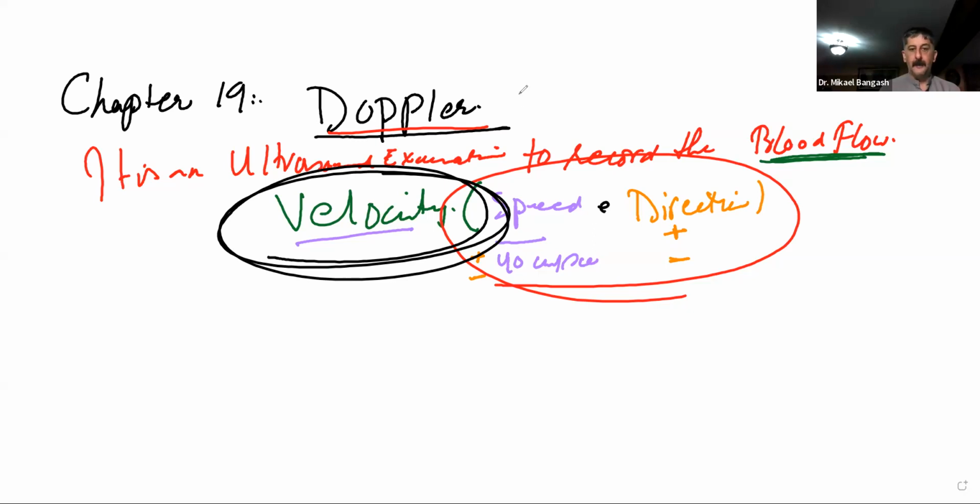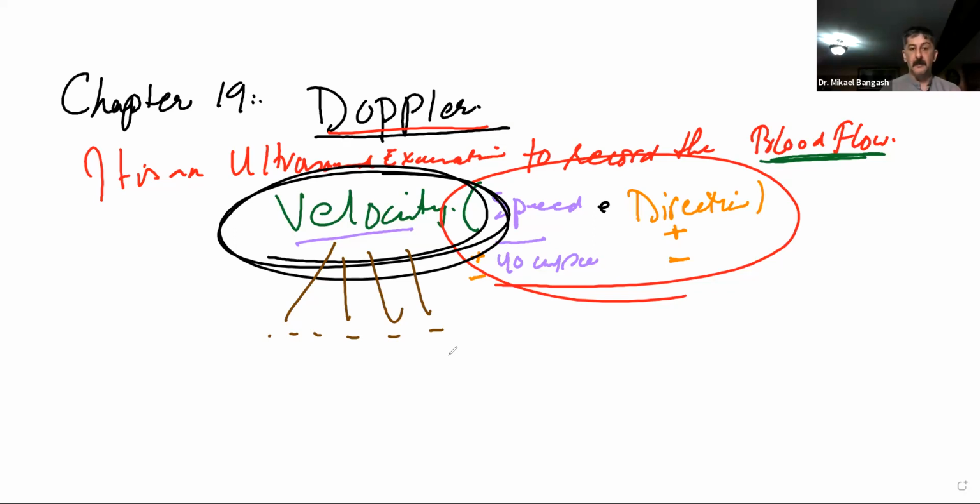Clear? And based on that velocity, we establish what could be the issues. The blood flow may help us diagnose different vascular abnormalities and so on that the patient may be suffering from.